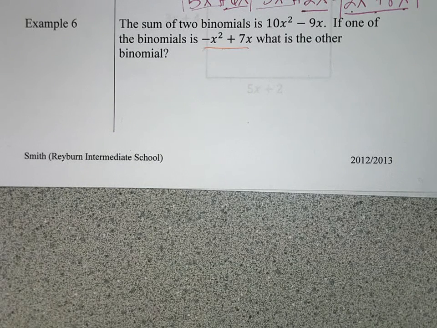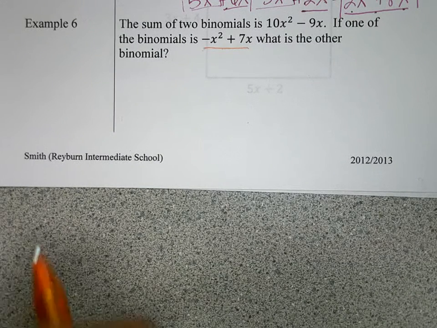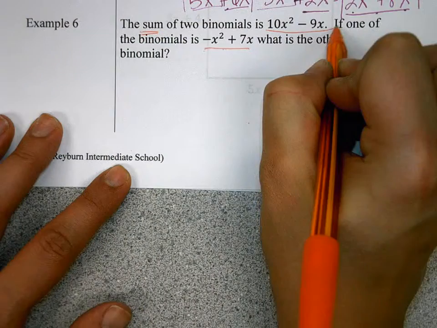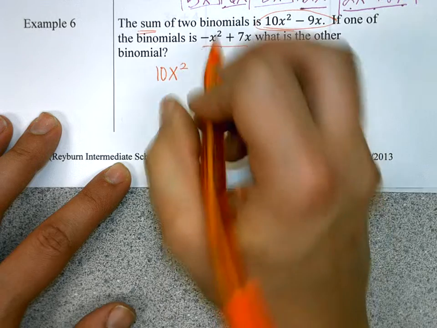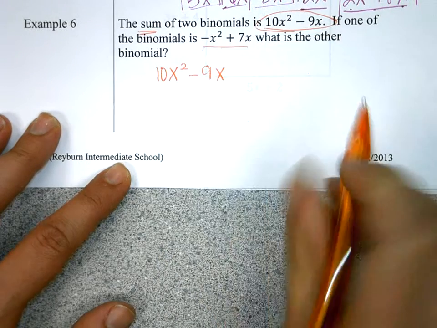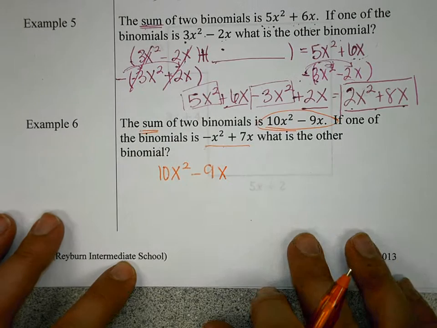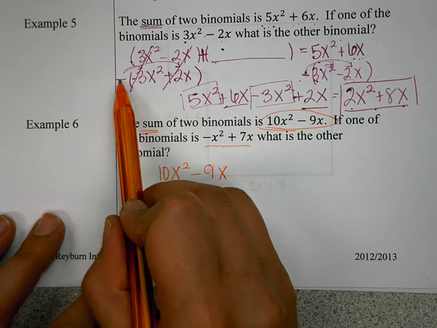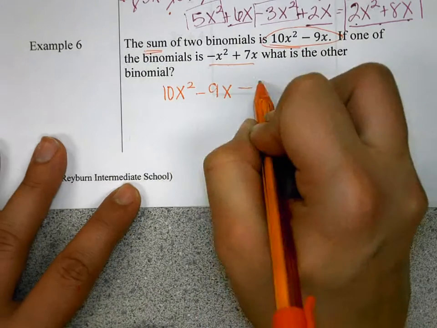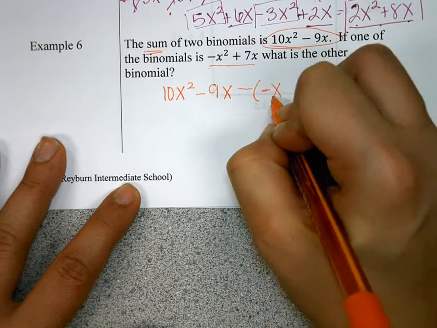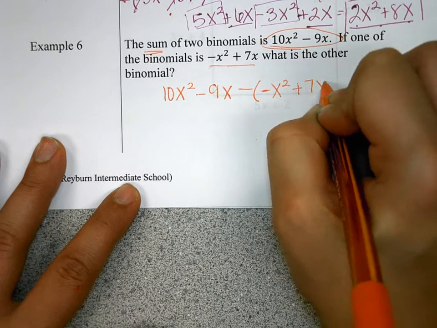So what we're doing here, the sum, so the answer is this guy here. So we're going to take 10x squared minus 9x, and what did we do last time to the two binomials in order to get the answer? We subtracted it. So then I'm going to subtract, in parentheses, negative x squared plus 7x.